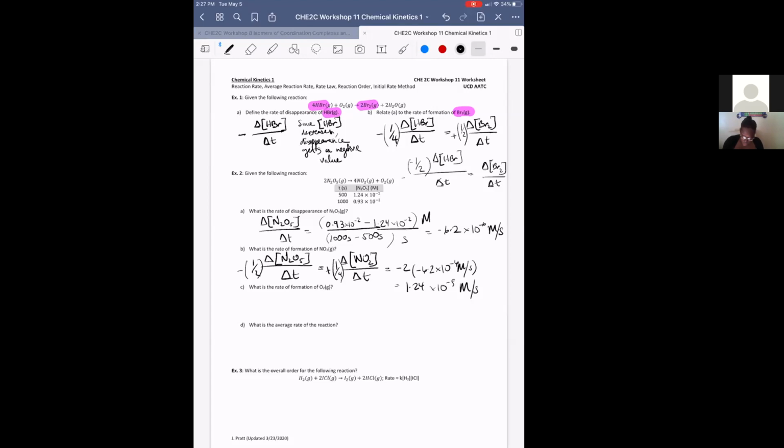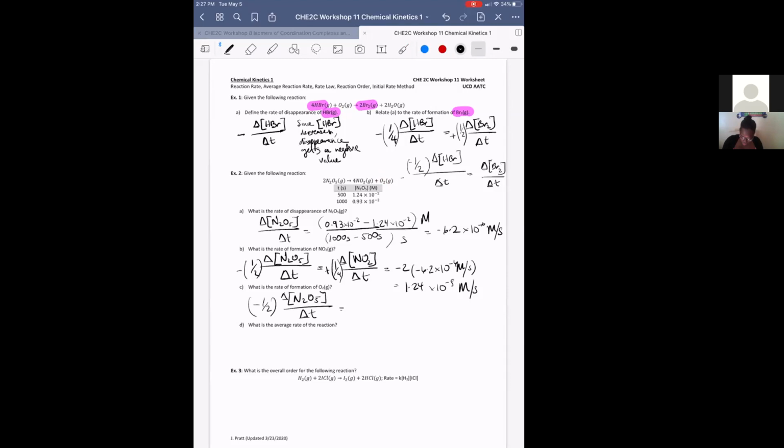Now if we want the rate of formation of O2, let's see if we can set up that equation. We'll still say that for a half equivalent of the change in concentration of N2O5 over the change in time, now we want to look at the stoichiometric ratio when we compare it to O2. For O2, we see that the value is just 1. We can still write 1 over 1; technically, that number will always be 1.